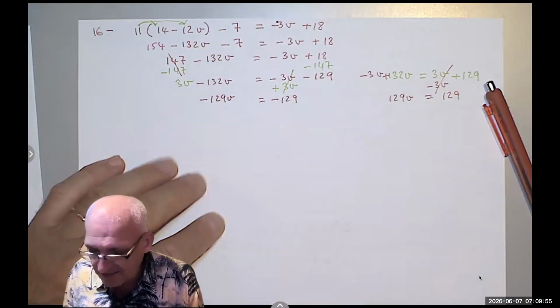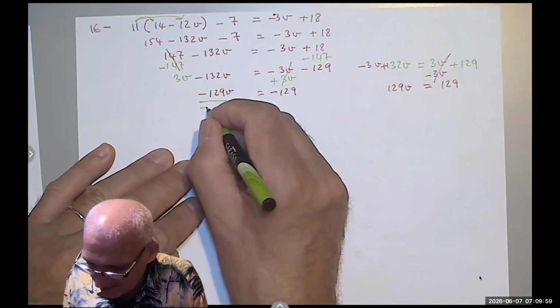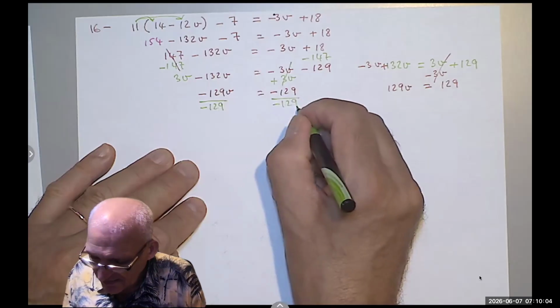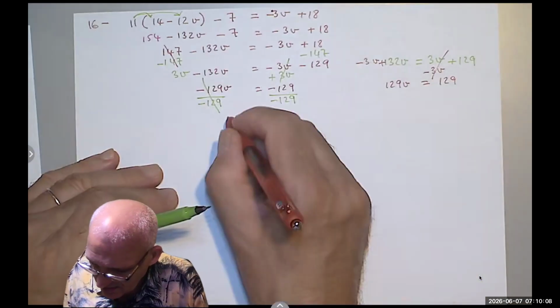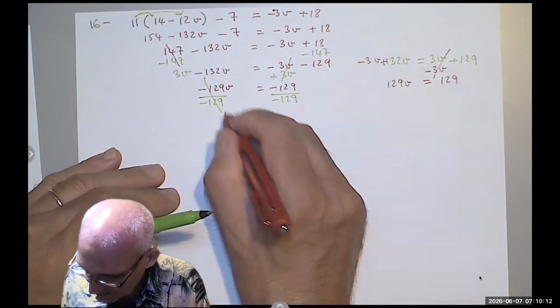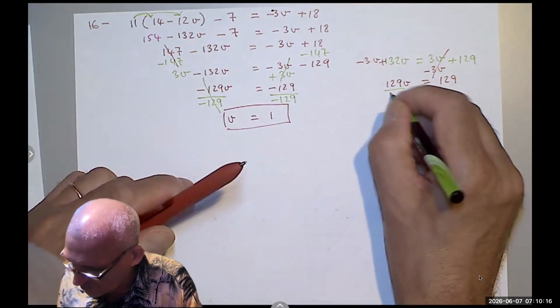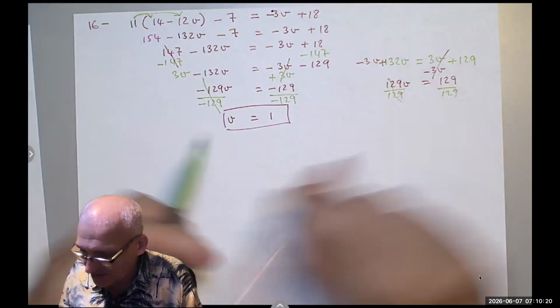This is multiplied by negative 129. So to release it, I divide by negative 129 both sides. These cancel. So I get v equals 1, right? And here I would have divided by 129, and I still get v equals 1.